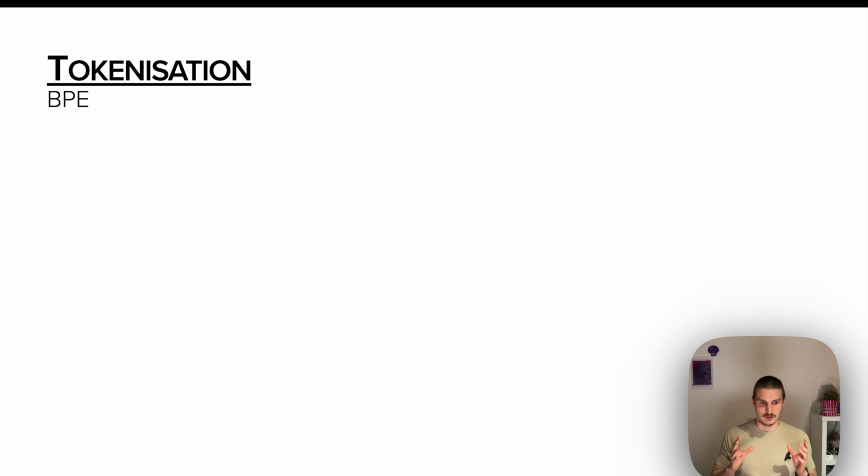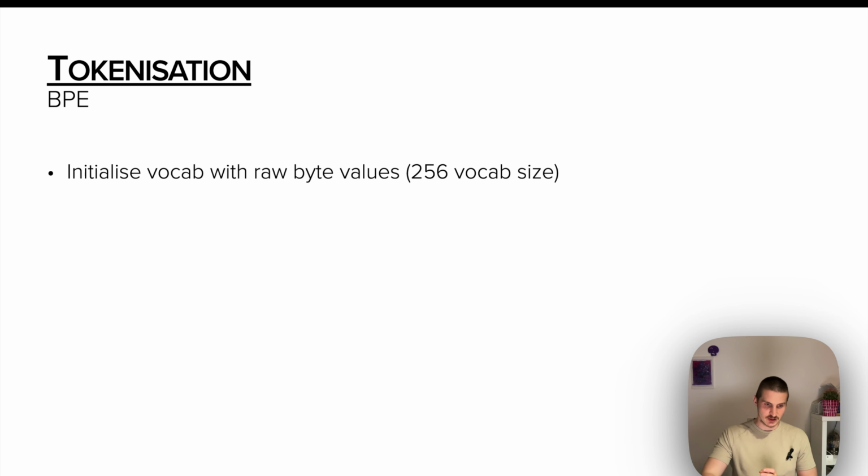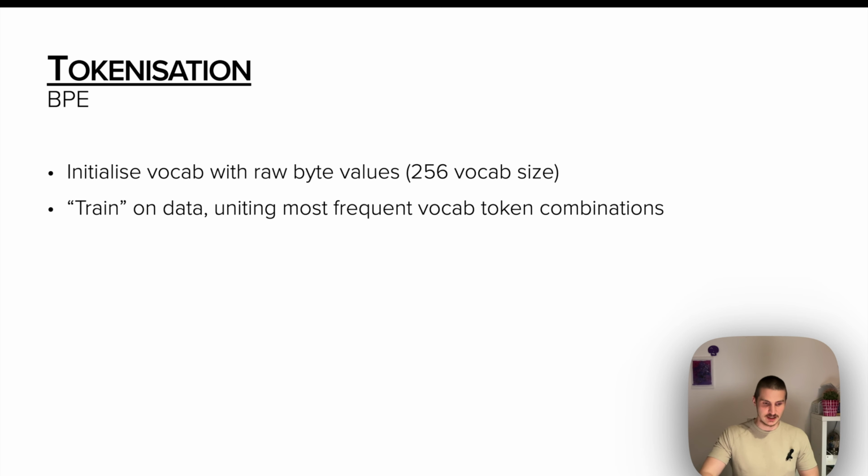The tokenization technique used in GPT, as well as in a lot of other models, is BPE, or byte pair encoding. The idea is that you basically start with a small vocabulary, something like 256 unique ASCII values of potential bytes. And then you train on data by just counting the number of occurrences of different tokens that you have right now.